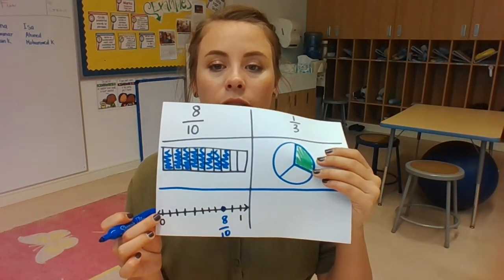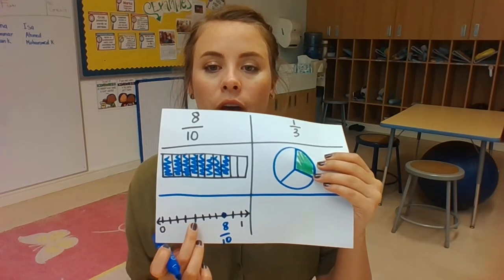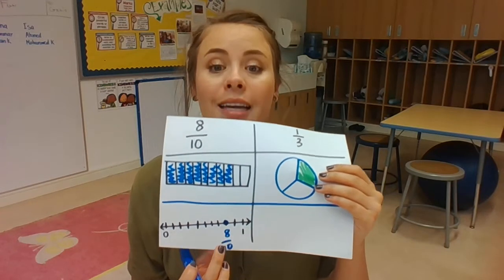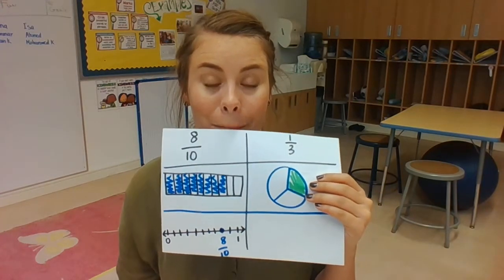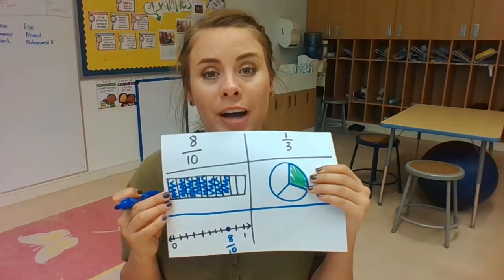I see 0, 1/10, 2/10, 3/10, 4/10, 5/10, 6/10, 7/10, 8/10. Pretty cool, huh? I figured out 2 different ways to show one fraction.